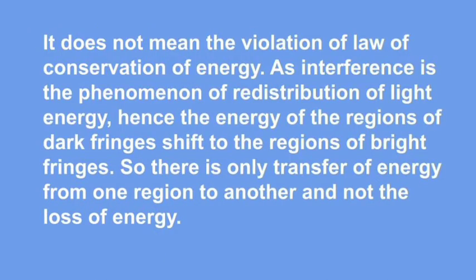It does not mean the violation of law of conservation of energy, as interference is the phenomenon of redistribution of light energy. Hence, the energy of the regions of dark fringes shifts to the regions of bright fringes. So, there is only transfer of energy from one region to another and not the loss of energy.